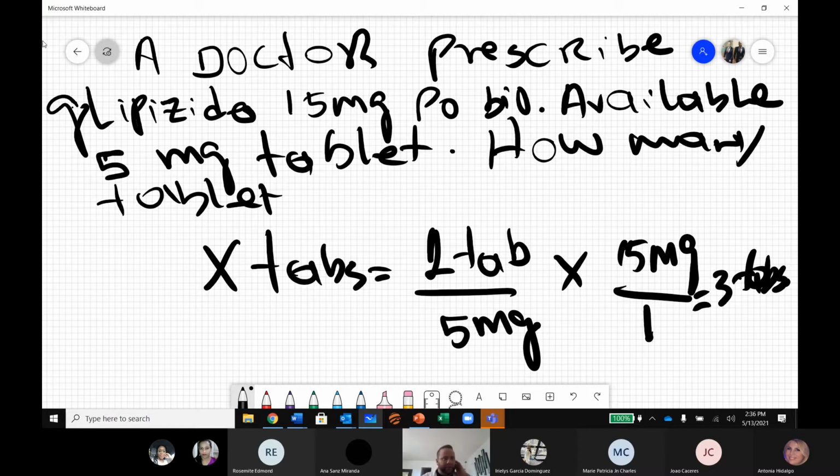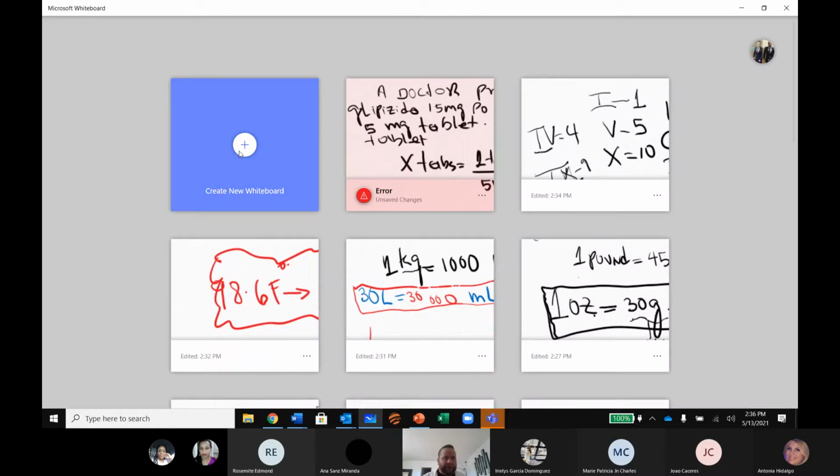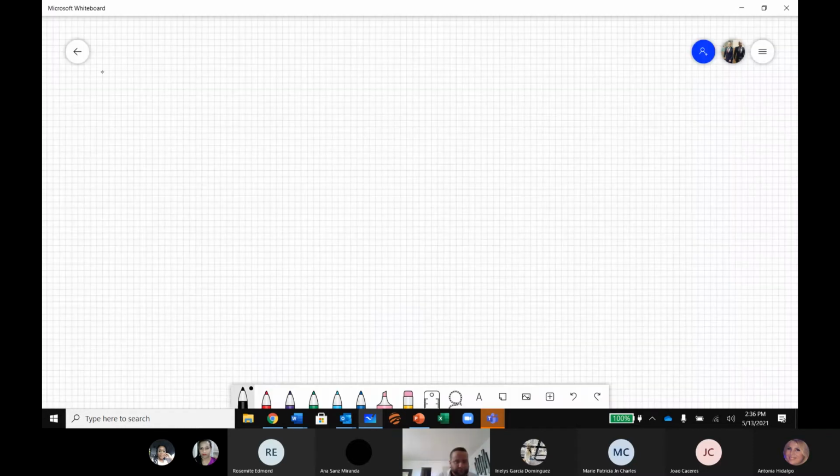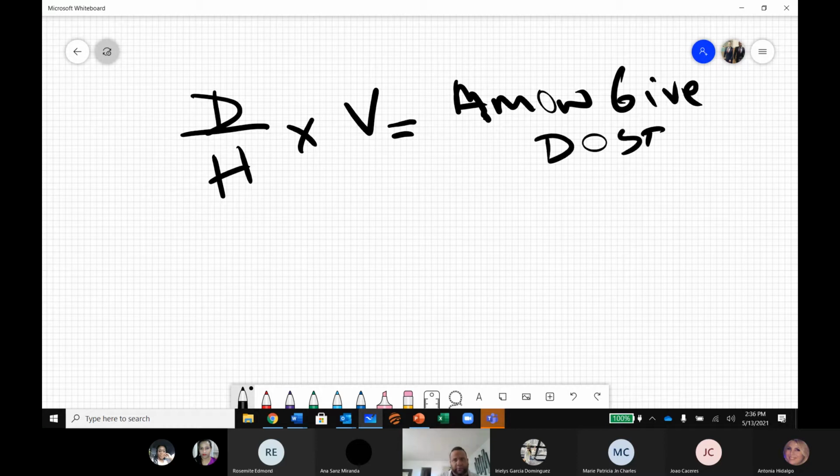Does everyone remember the formula that we have to follow? Desired over on hand, times the amount given, the dose.